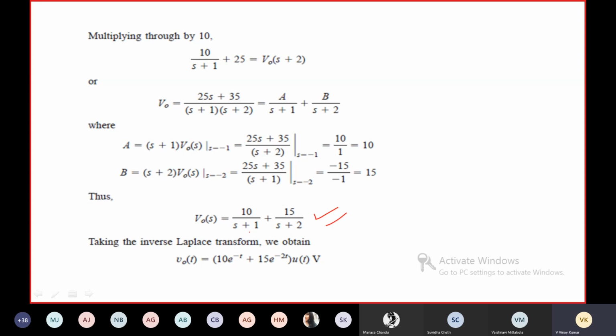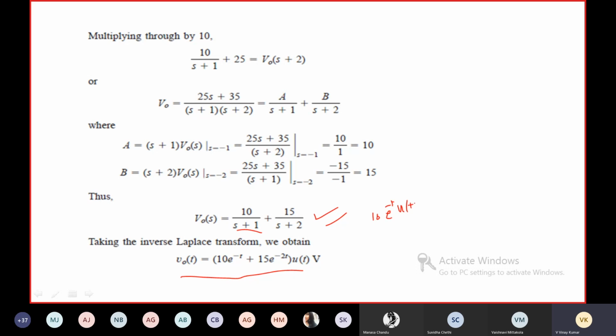You apply inverse Laplace transform to this equation, then you're going to get V naught of t equal to 10 into e power minus t. Taking inverse Laplace of this, 10 by S plus 1 in Laplace domain, is 10 into e power minus t into u of t.